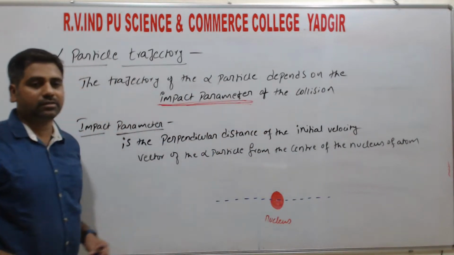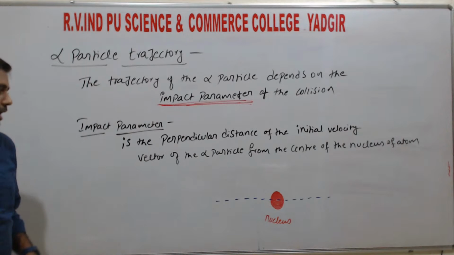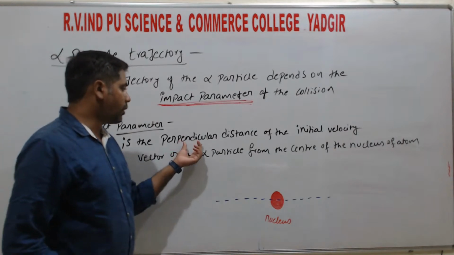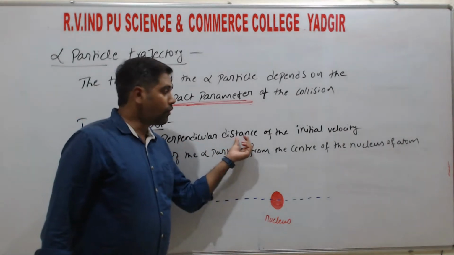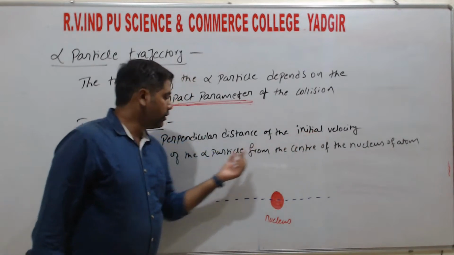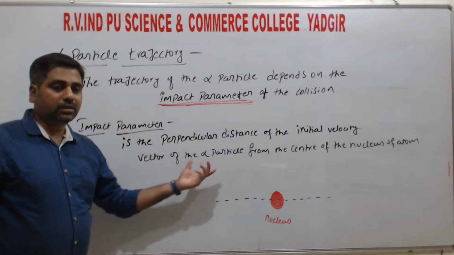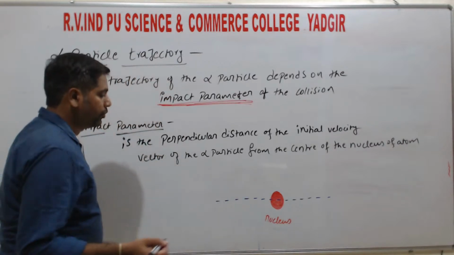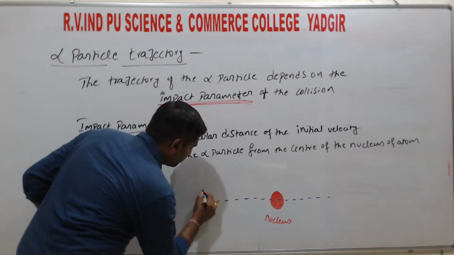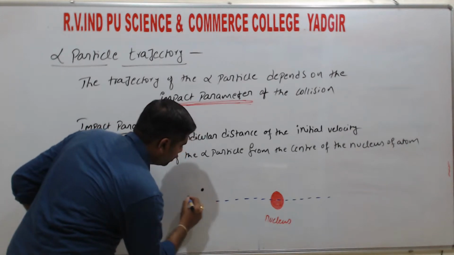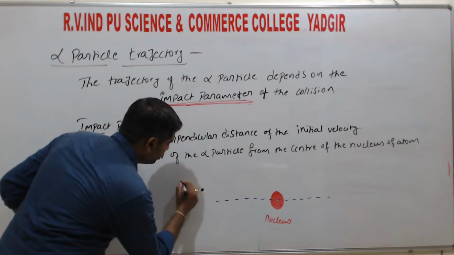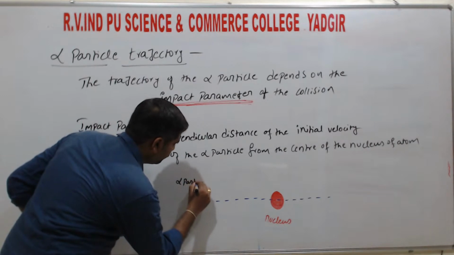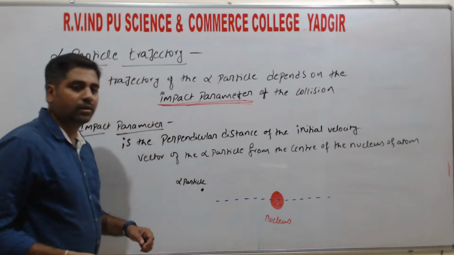Here it says the perpendicular distance of the initial velocity vector of the alpha particle. That is, the alpha particle is moving towards the nucleus. Somewhere here is the alpha particle, right?